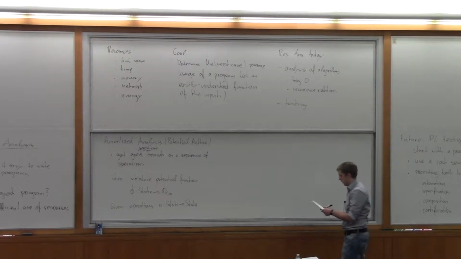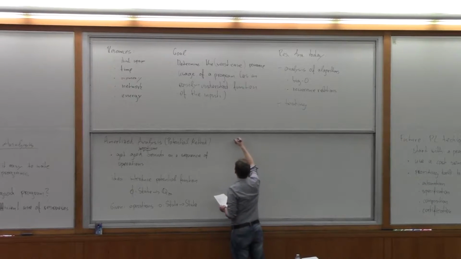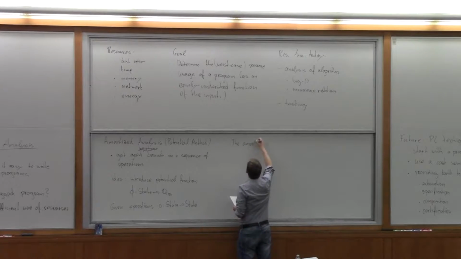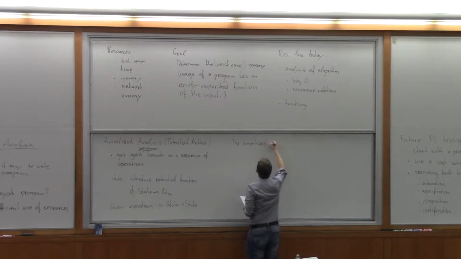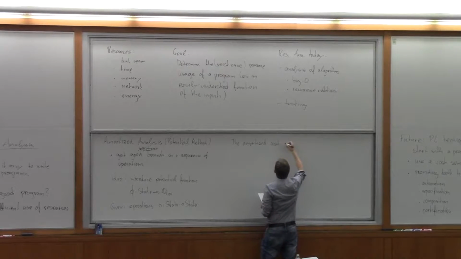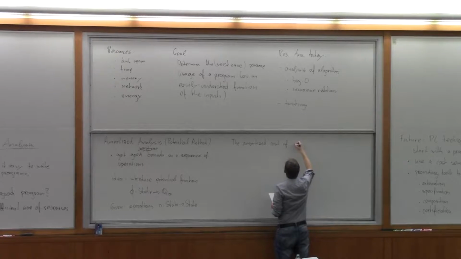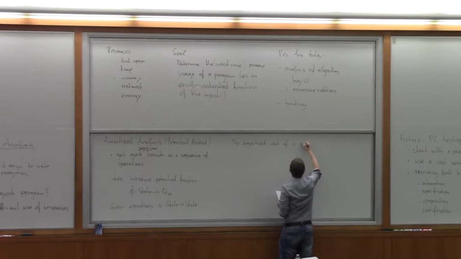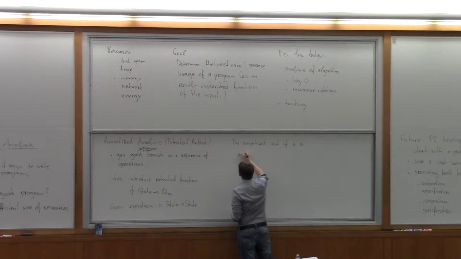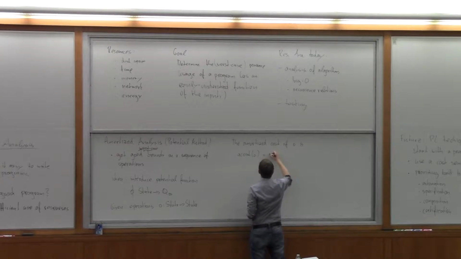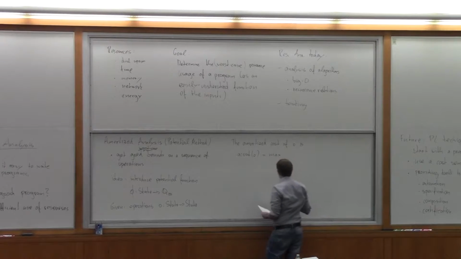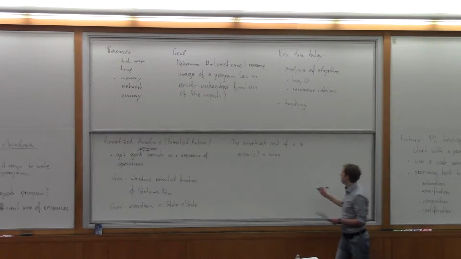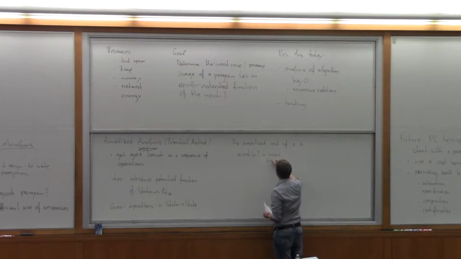So we say the amortized cost of an operation O is, and the first thing we do is we abstract over the state.